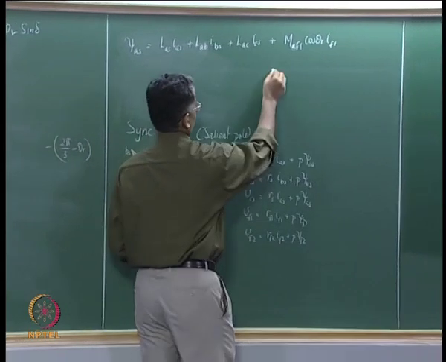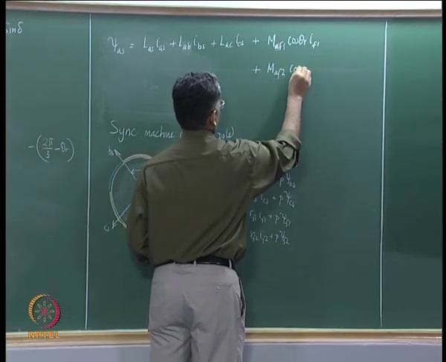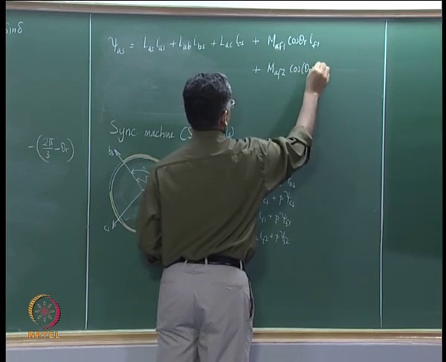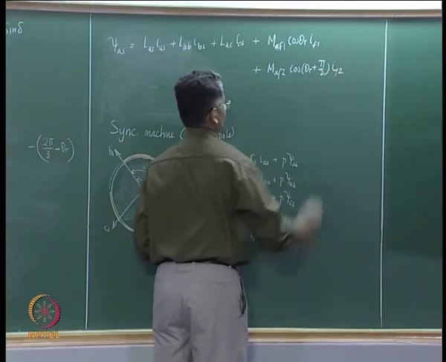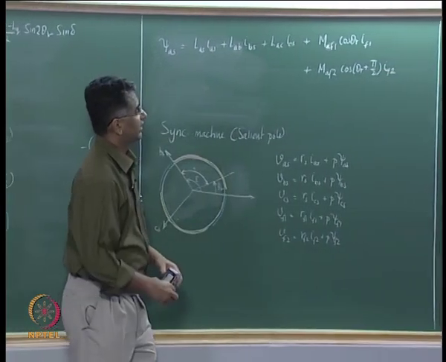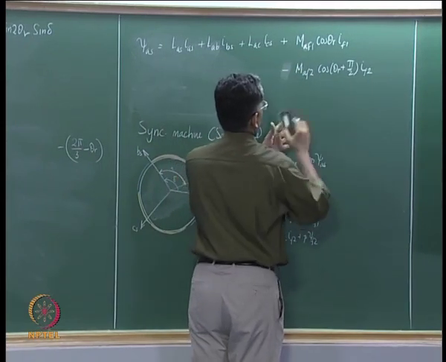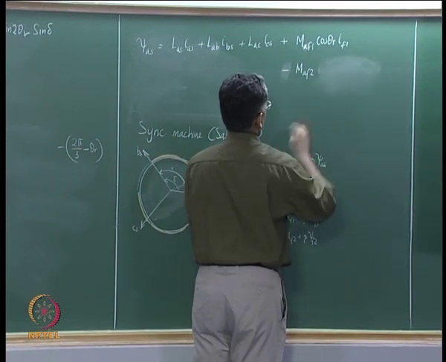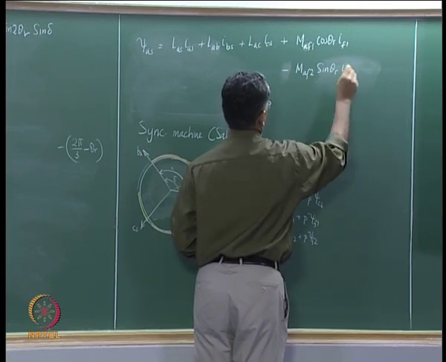So if we call that as MAF2, then that is cos of theta r plus pi by 2 into IF2. Cos of theta r plus pi by 2 is minus sin theta r, so we can write it as minus sin theta r into IF2.